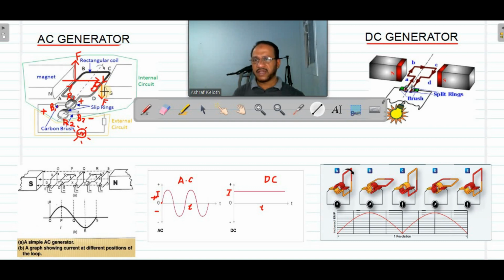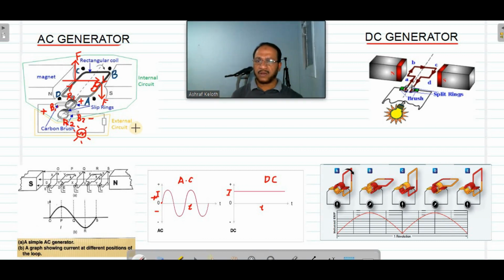So this time ring R1 is positive and ring R2 is negative. So current is flowing in the ABCD direction. ABCD is the direction of flow of current in the first half of the rotation. Now listen here.